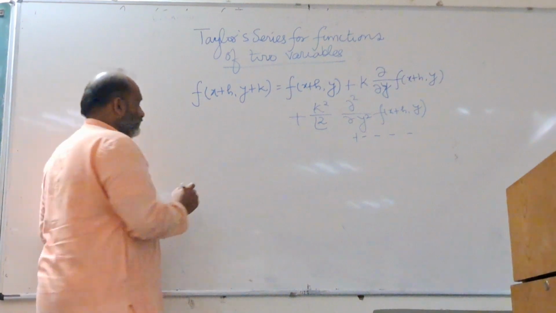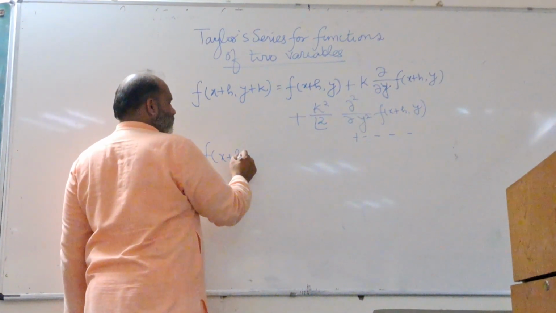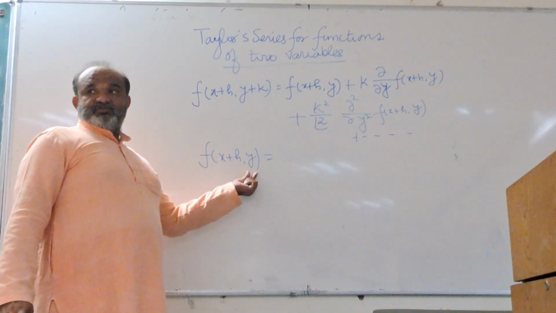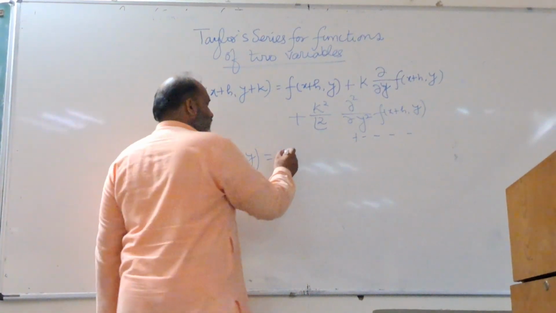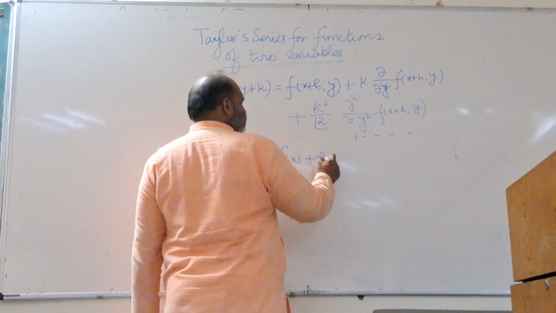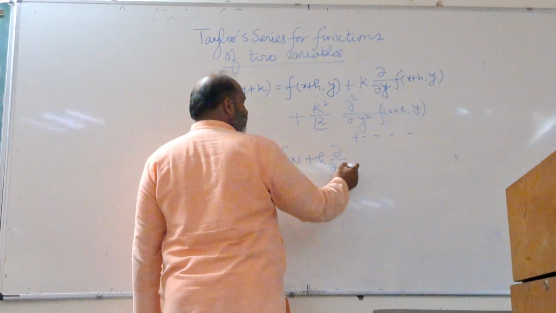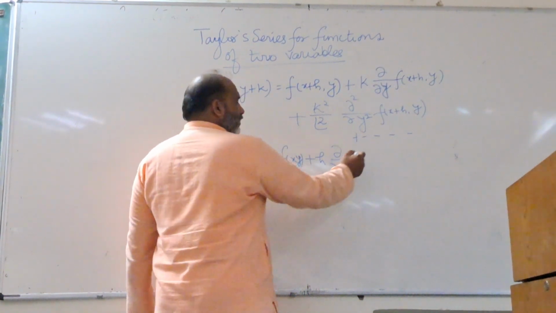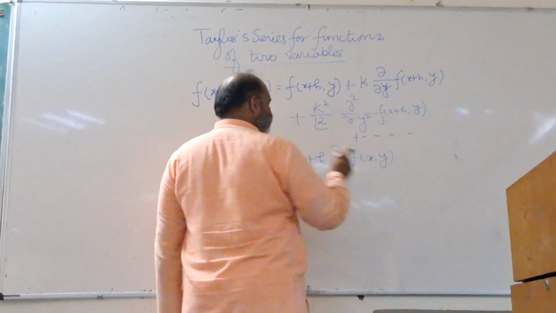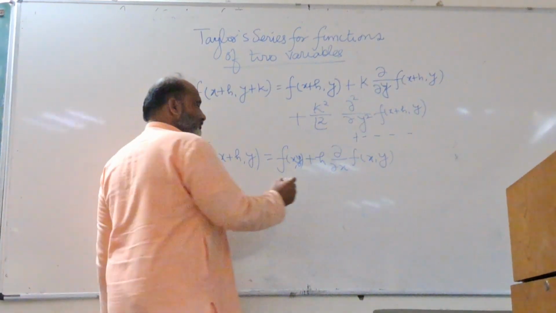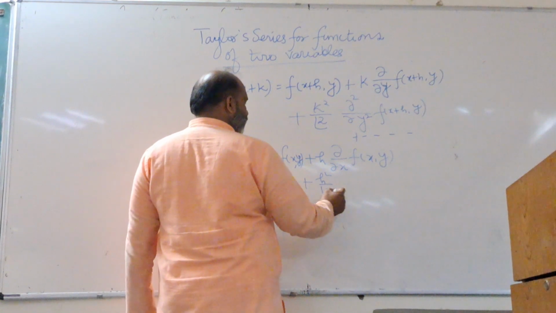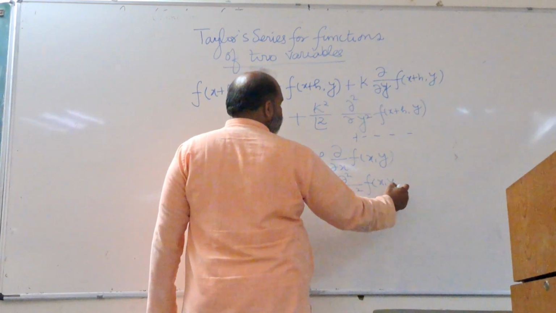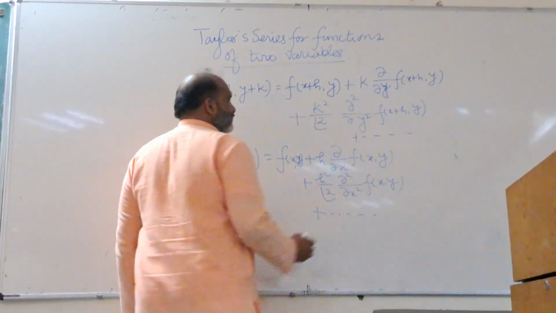So now coming back to f(x+h, y), this can be written as, now treating y as constant, f(x, y) plus h del over del x of f(x, y), plus h square upon factorial 2 del square over del x square of f(x, y), and so on.